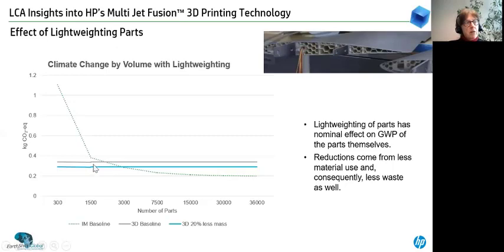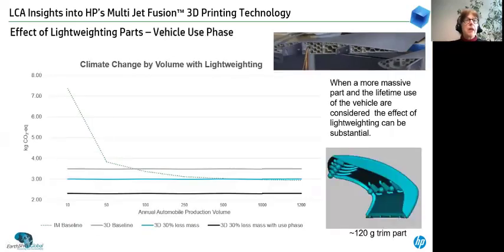I'm seeing a little jag in this line that is an artifact perhaps of my screen. If you're seeing that, it's not really there. And then again, the injection molding is this green dotted line here. So as we look at this, we see almost the same picture that we saw before. The 20% lightweighting, because in fact these parts were very, very light, didn't make a lot of difference.